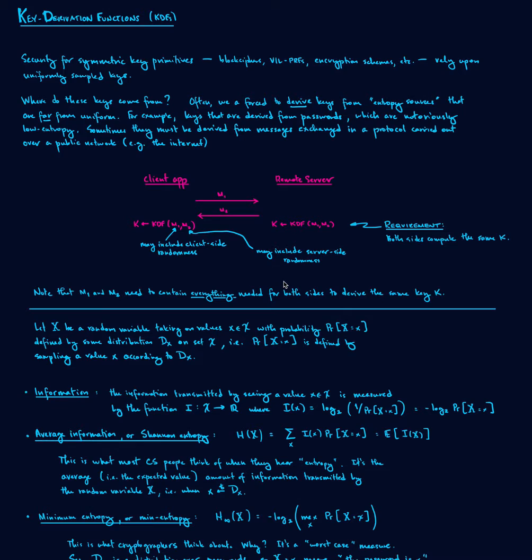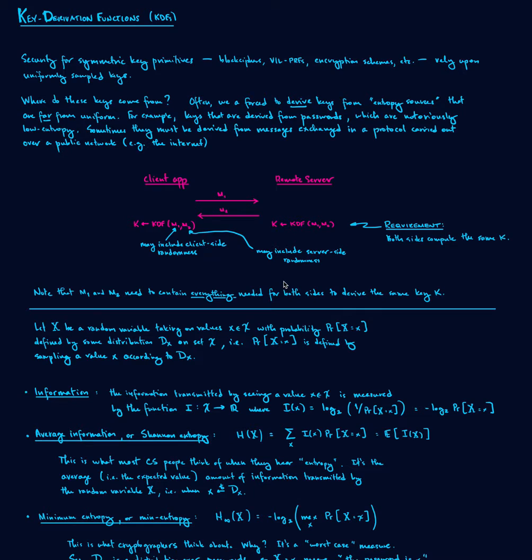More generally, there may be multiple rounds of messages passed, each containing some randomness from one side or the other, but the randomness sources are not shared. And at the end of this protocol, we want it to be the case that you can take the transcript of the messages sent back and forth and run them through something called a key derivation function and have that output the same string at either side.